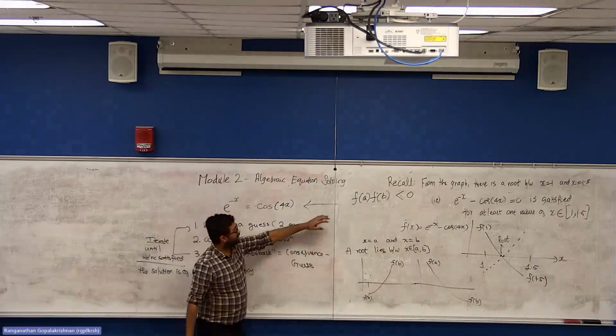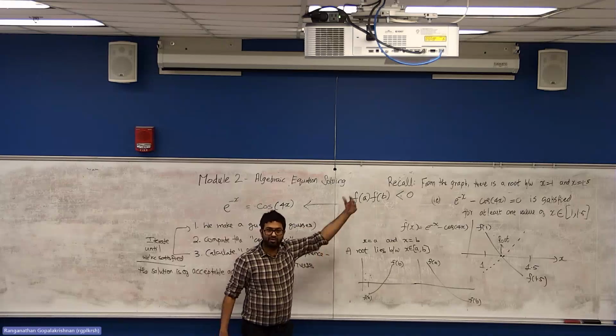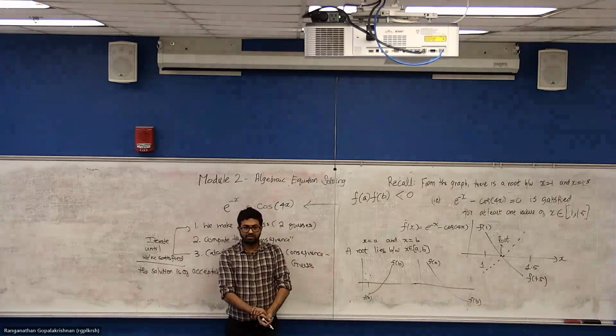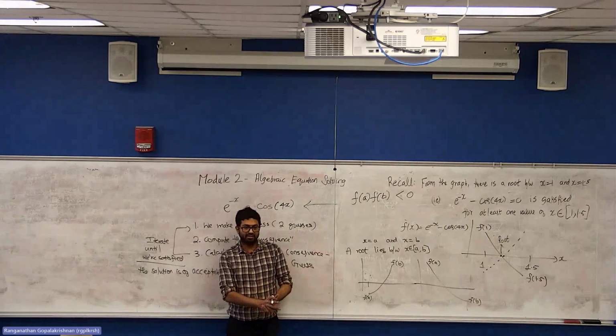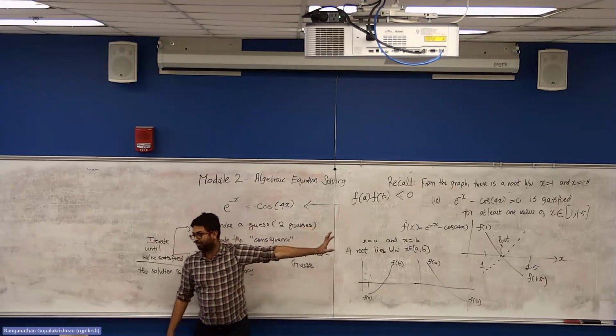If a root lies between them, their product is negative. Or the other way, if their product is negative, then a root lies between them. Would you agree? At this point, you don't need to compute, you just have to write. This is a critical statement.